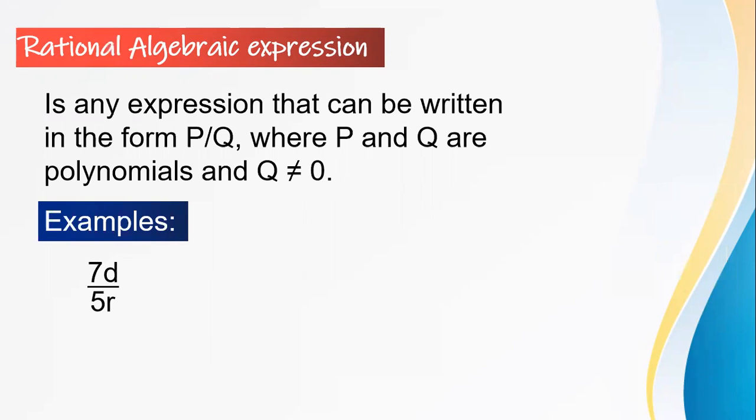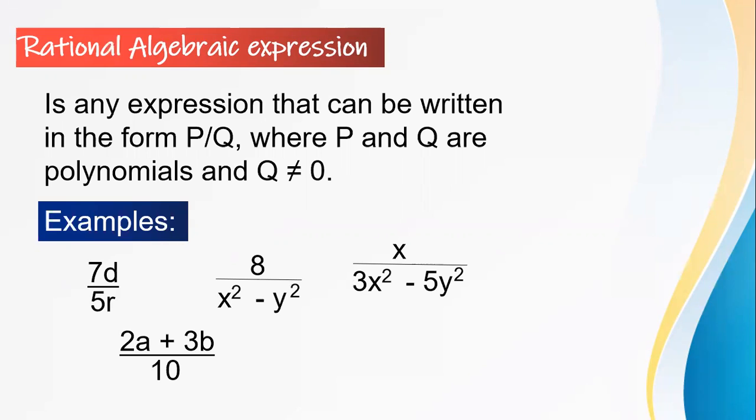7d over 5r, 2a plus 3b over 10, 8 over a squared minus y squared, x over 3x squared minus 5y squared, m plus n over 5x squared. Now, look at the denominator.